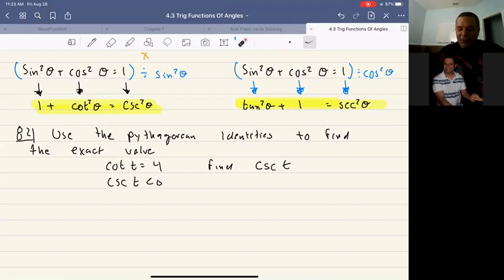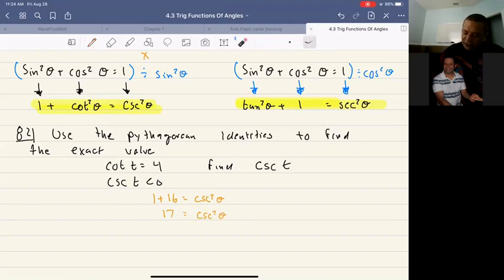So we're going to find cosecant of t. So we have 1 plus 16 equals cosecant squared of theta. Okay, so 17 equals cosecant squared of theta.